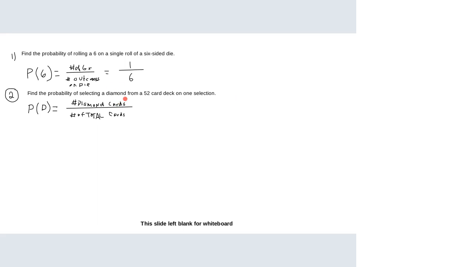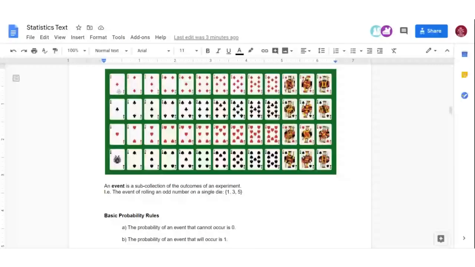All right. So does anybody remember how many cards there were in there? Well, there's 52, the one up there in the line, a 52 card deck. Now, from that picture, we're talking about diamonds.